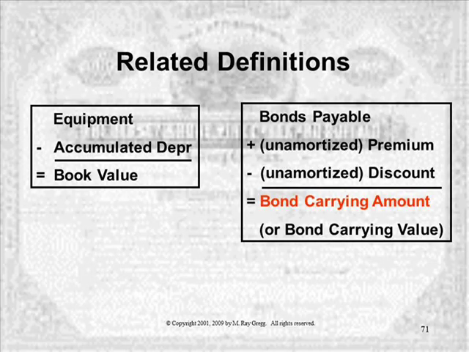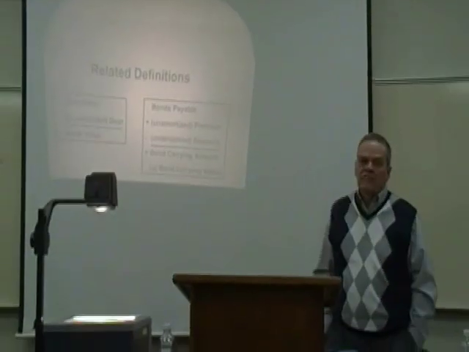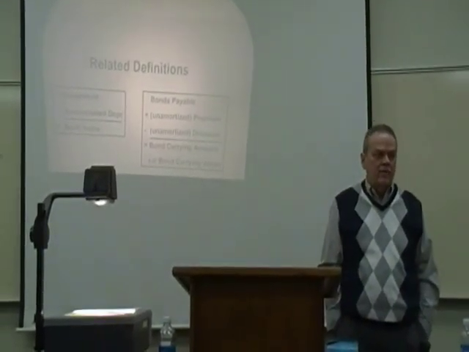The balance of bonds payable plus the premium, or the balance of bonds payable minus the discount, yields a number kind of like book value. We call it bond carrying amount or bond carrying value. We'll stick with bond carrying amount.